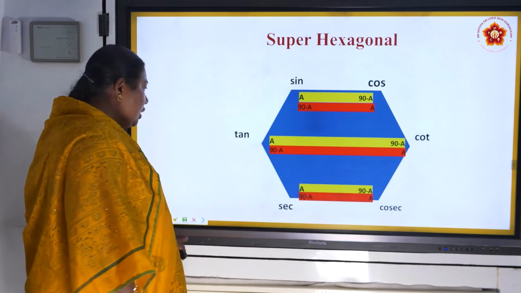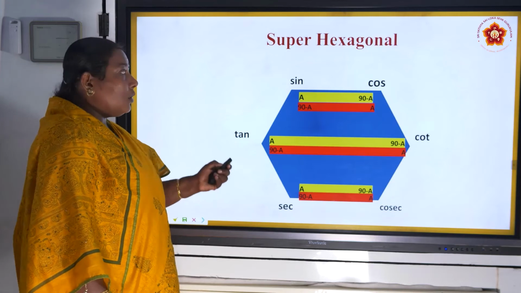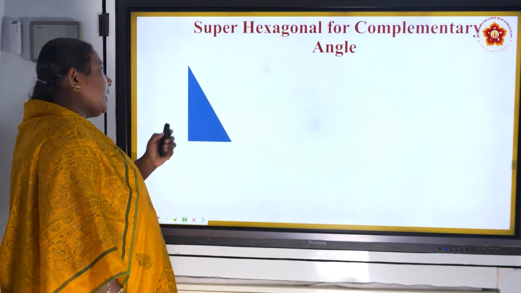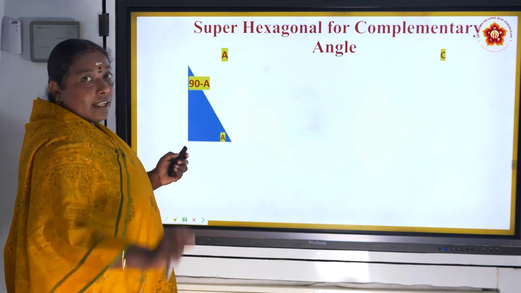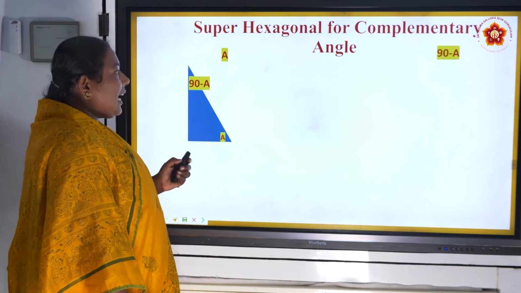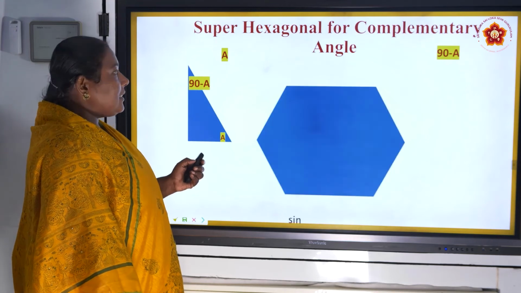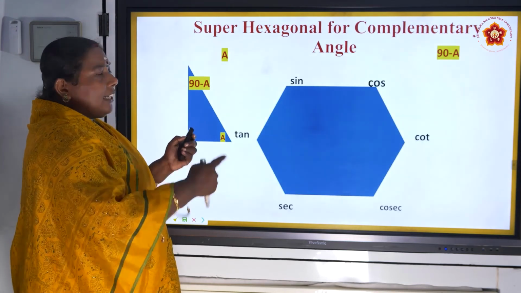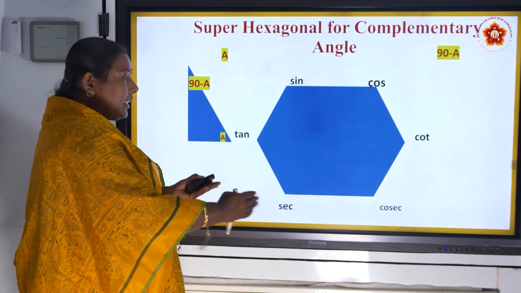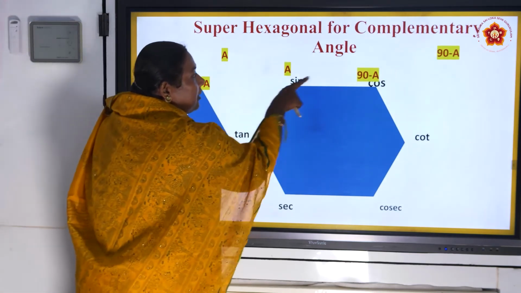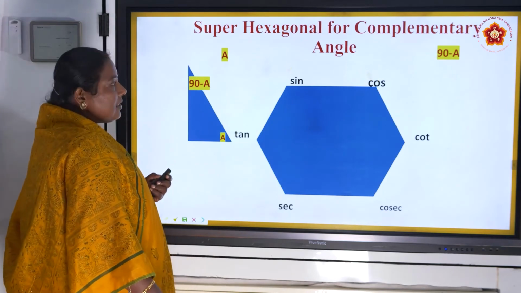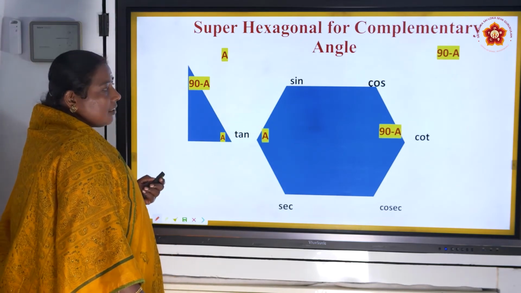So with this, you can do a project also. Let me show how to do. So take a triangle. The angle is A and 90 minus A. Let us have our super hexagonal, and we have to write our sine, cos, tan, cot, secant, cosecant. If my A comes here, my cos is 90 minus A. Next.